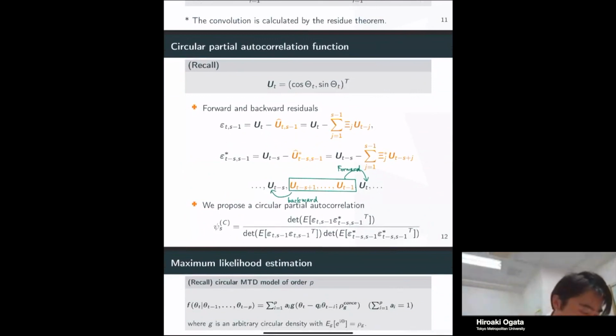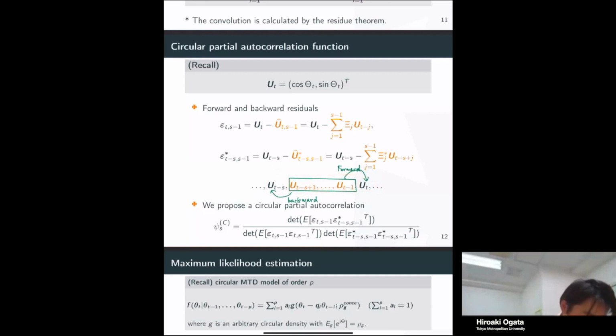Roughly speaking, the partial autocorrelation of U_t and U_{t-s} is the autocorrelation of U_t and U_{t-s} deleting the effect of intermediate variables.